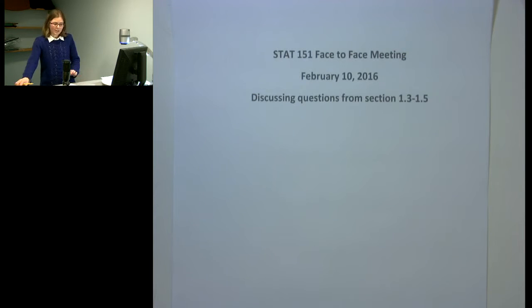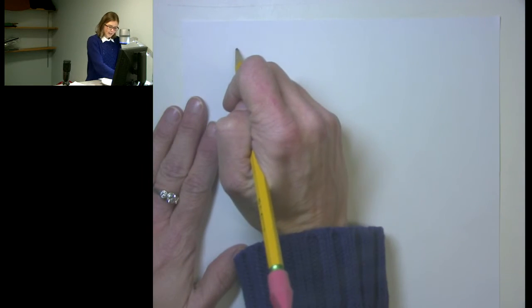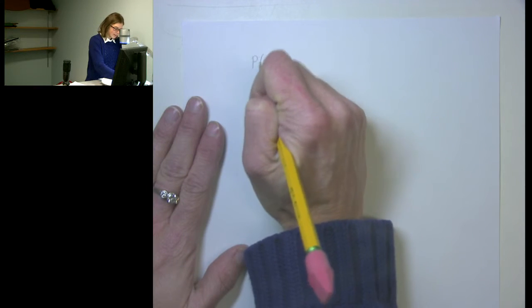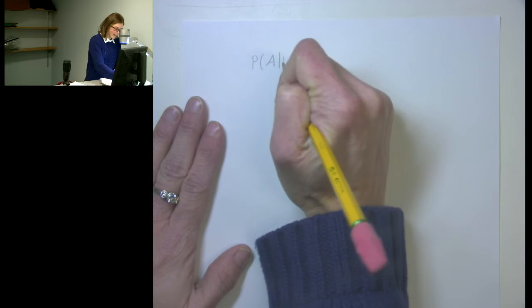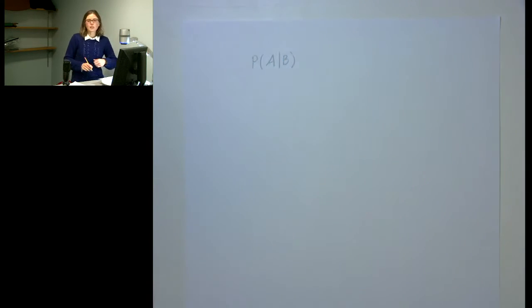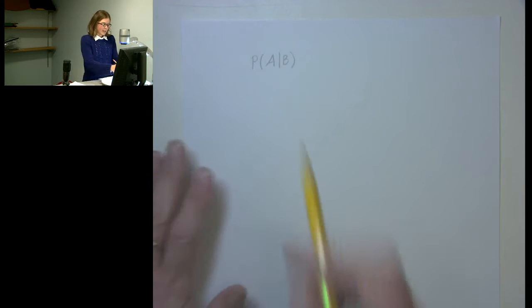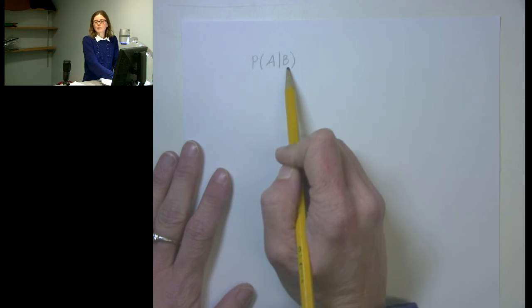The thing that I want to mention first of all is just that when we give this probability of A given B, it's a conditional probability. Sometimes another way that this is seen in regular language is the probability of A if B happens, right?